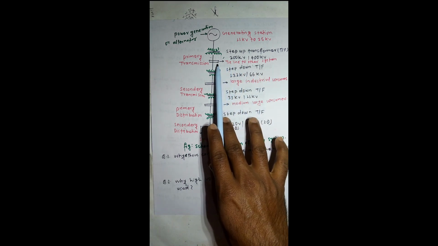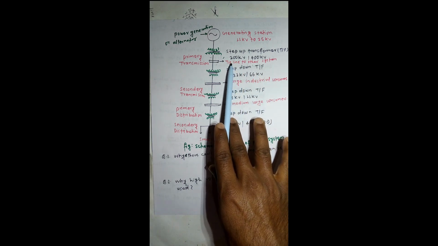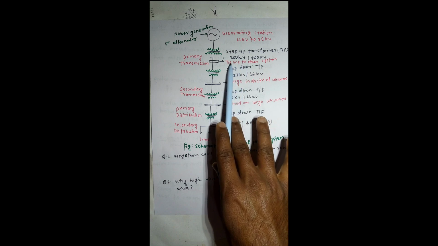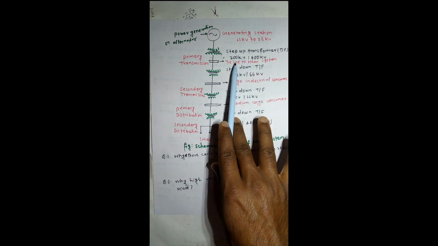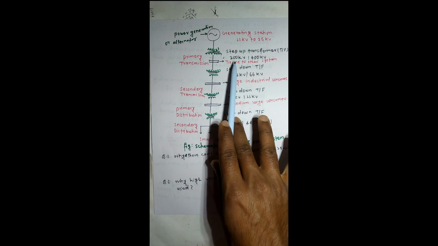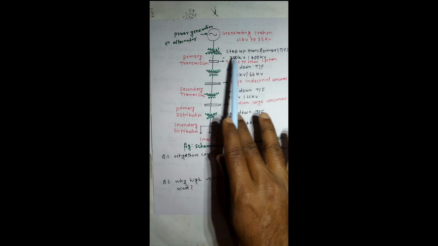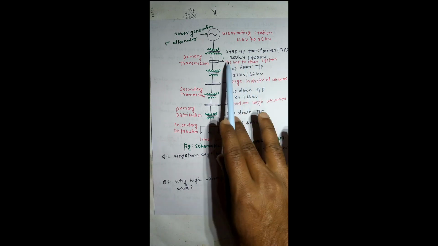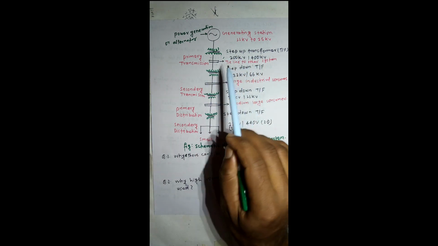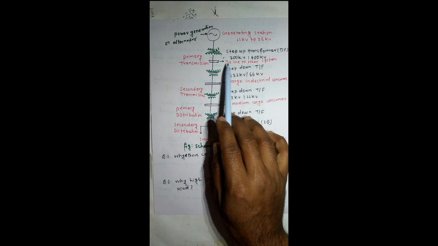From this primary transmission we can transmit to the tie line, or from the tie line to another system. The tie line indicates the interconnection between two neighboring areas. This is the meaning of tie line.